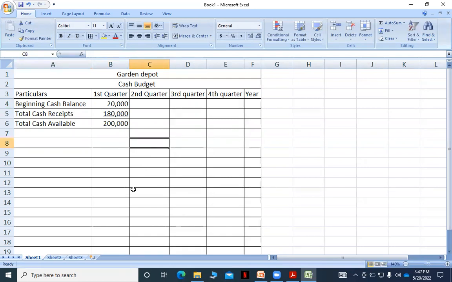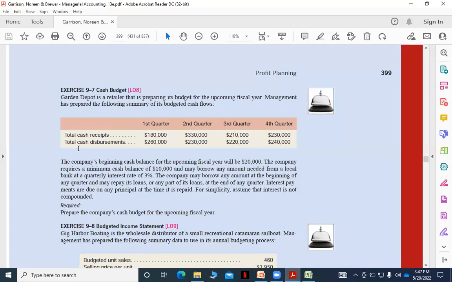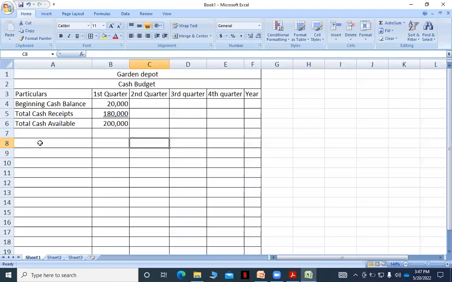Okay. Now, from your question, you will write total cash disbursement. So total cash disbursement here is 2,60,000. So here you will deduct total cash disbursement, that is 2,60,000. So write here less total cash disbursement.